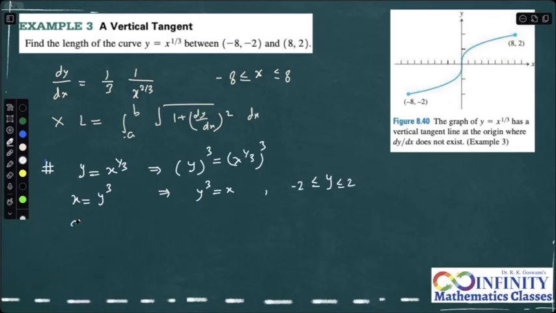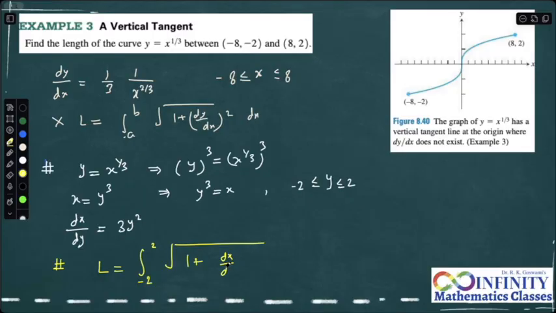Help me with dx over dy. Is it going to be 3y square? Yes, it would be 3y squared. So what should be L? L should have the range of y, that is -2 to 2, the integral of the square root of 1 plus dx over dy whole square, integrating with respect to y.